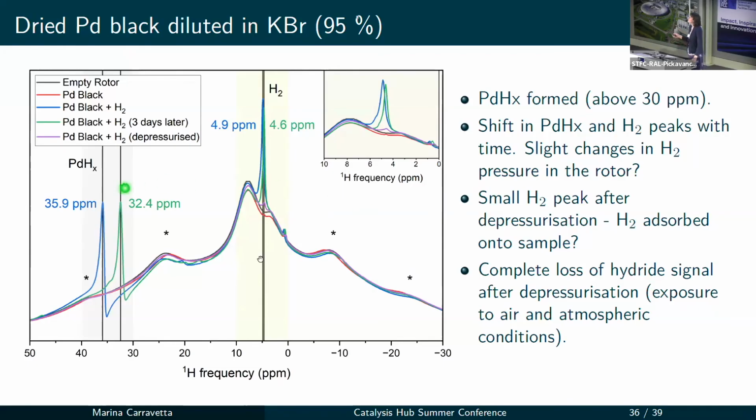And under these conditions, we see clearly a peak for free hydrogen, but we also get peaks for the hydride, which are these two around 32 and 36 ppm. The two peaks correspond to hydrides observed immediately and after some time as the pressure goes down, because as I said, the hydride peak position is also a bit dependent on the pressure of the gas. But it's quite clear that the hydride formation on the palladium black is possible.